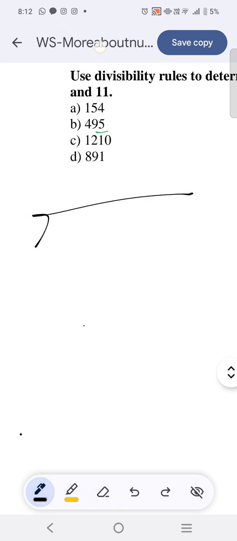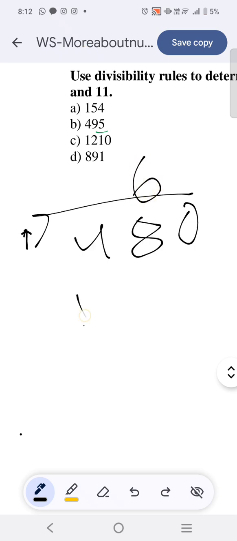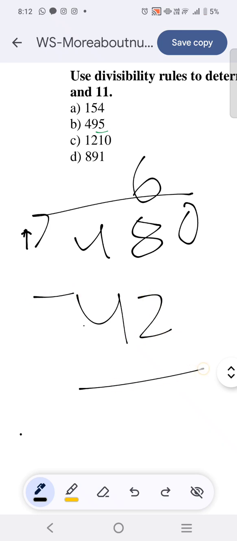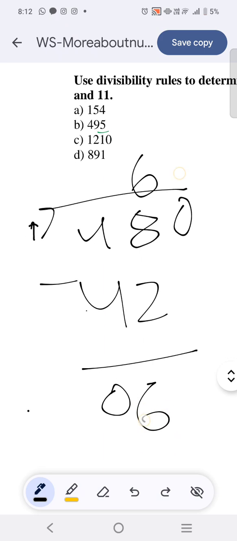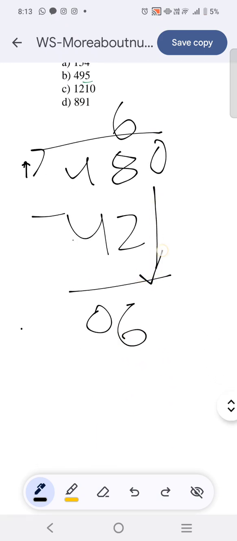Okay. Now 7 and 480. So 7 6s are 42, and 8 minus 2 is 6. We can take the 0 down here, but we can't do anything because 7 ones are 7, 7 twos are 14. We don't have any.